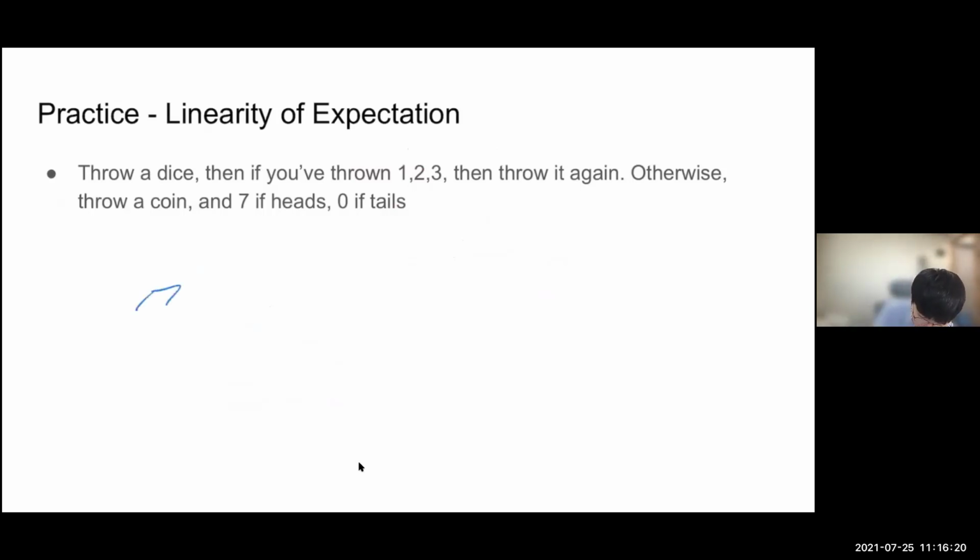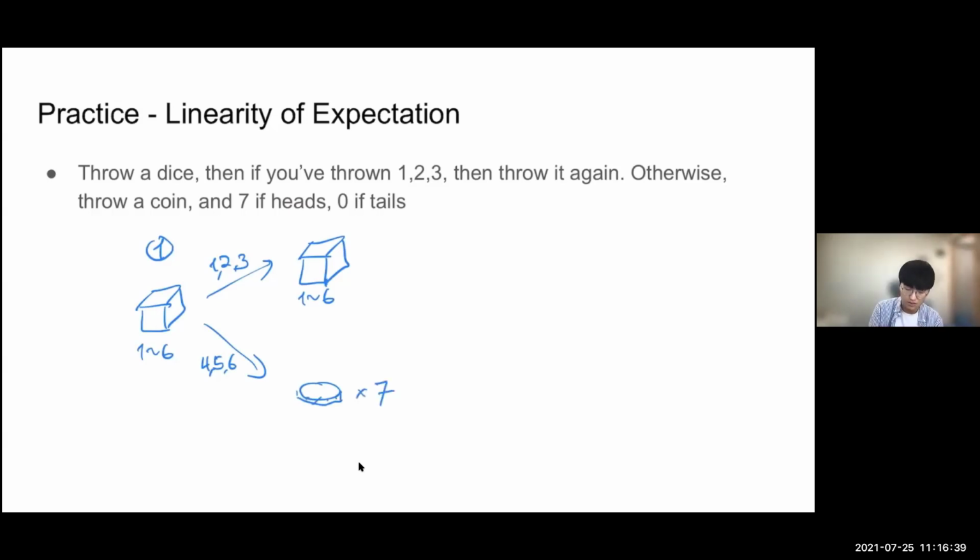So you throw a die, and if you've thrown 1, 2, or 3, you throw it again. If you've thrown 4, 5, or 6, then you throw a coin, and you multiply this by 7. So this will be 0 or 7.